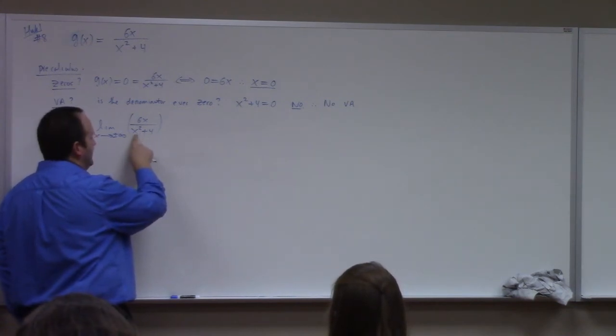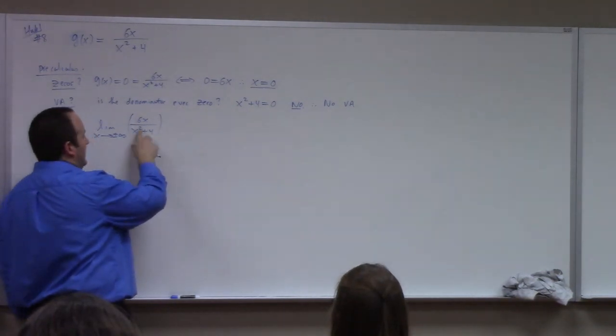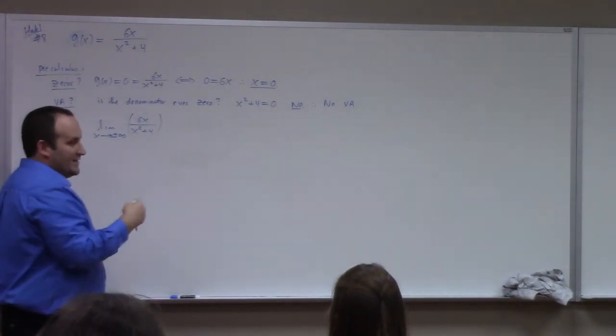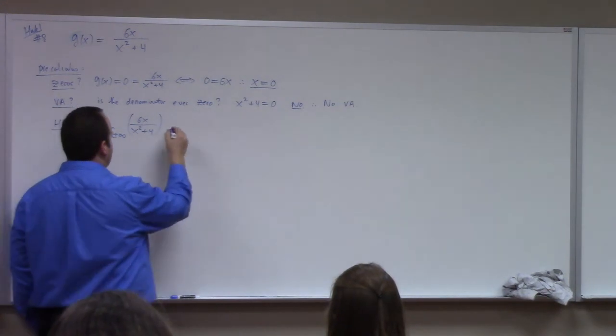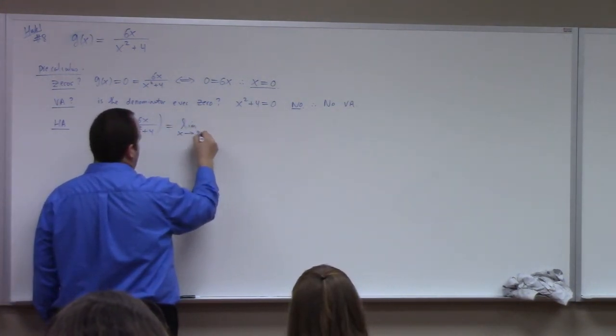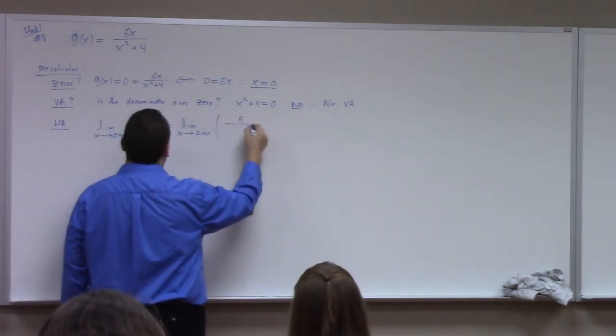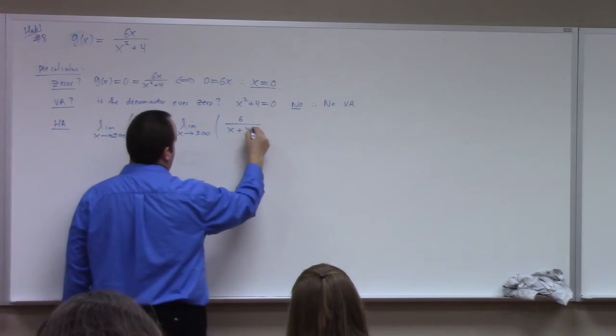This would be like infinity squared plus 4 is the same as infinity squared, right? You've got an infinity upstairs, so it's kind of like infinity over infinity, but just to make it super obvious what happens here, if you divide the top and the bottom by x, we get 6 over x plus 4 over x.